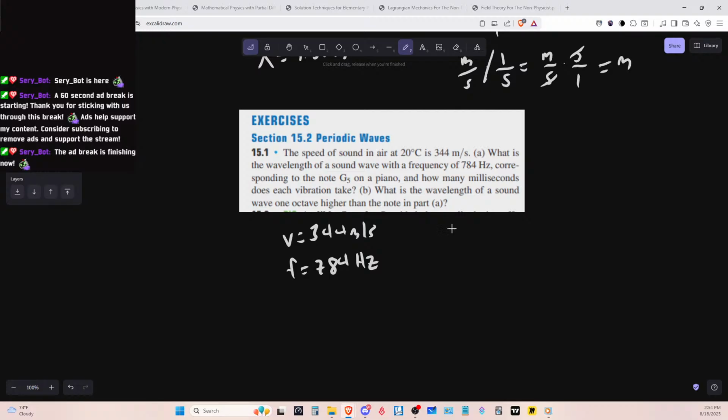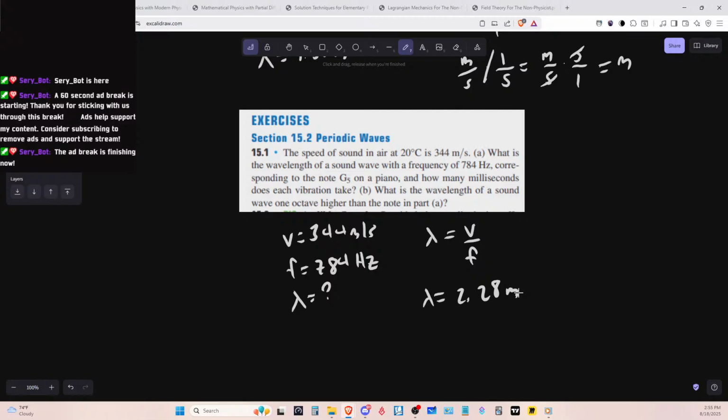Okay, so we have to figure out the wavelength of the sound. We don't know the wavelength, so that leads us to our equation, V over f. Taking out my trusty calculator and typing that in, that would be 2.78 meters.